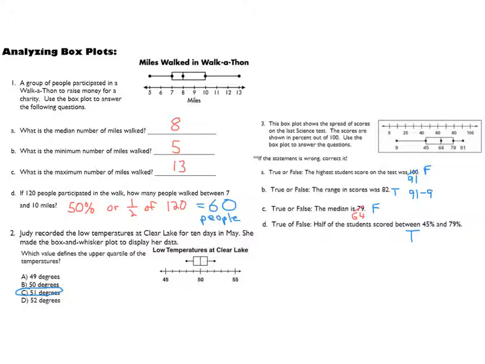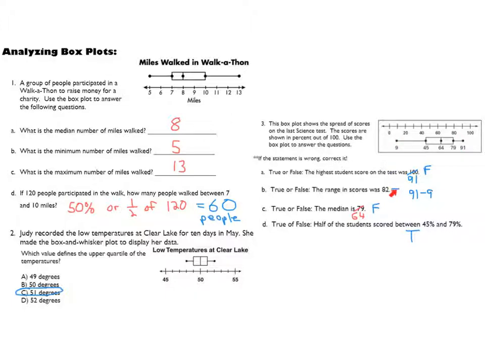All right, number 2, it asks for the upper quartile. That's going to be this end of the box here, and that represents 51. And then I know I said this was multiple choice, but obviously it's true and false. So the highest student on the test, it says it's 100, but it's not. That end of that box plot is 91, so that's our maximum. The range is 82, so range is high minus low, max minus min.